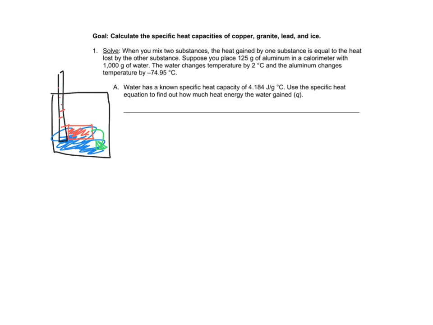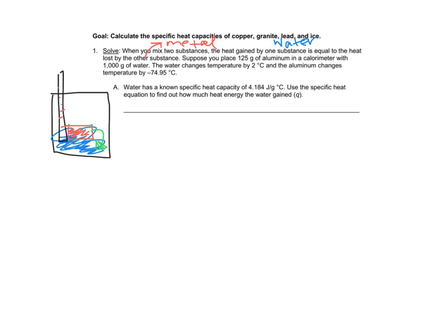The heat gained by one substance, in this case the water, is equal to the heat lost by the other substance, which is the metal. In this question, it says, suppose you place 125 grams of aluminum in a calorimeter with 1,000 grams of water.